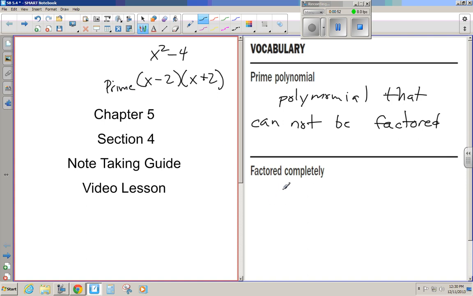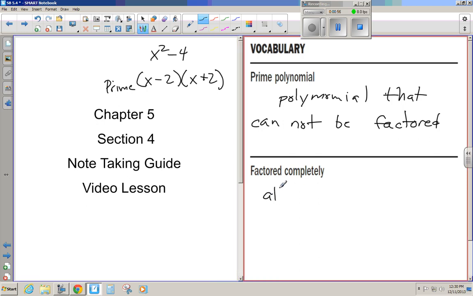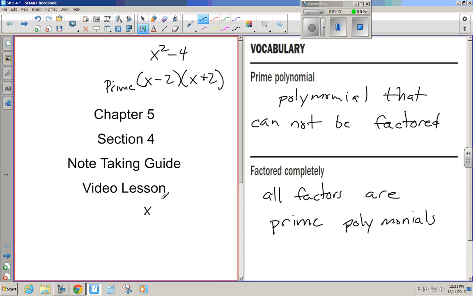Factored completely is very similar. Factored completely is when all factors are prime polynomials. Okay? Which means if you had something like x cubed minus 4x, you could factor this into x times x squared minus 4.